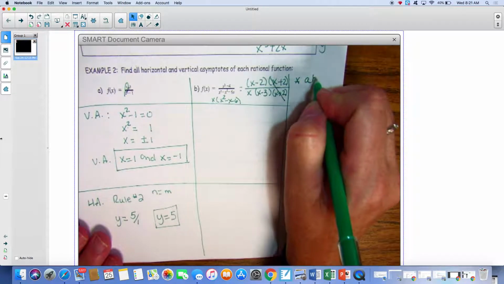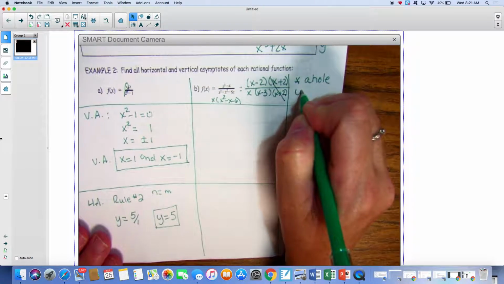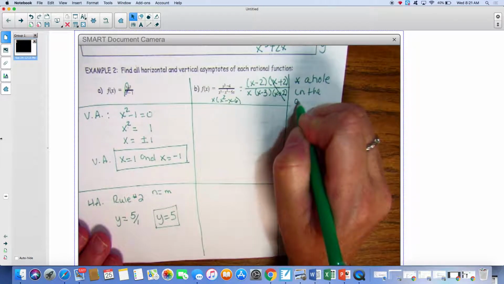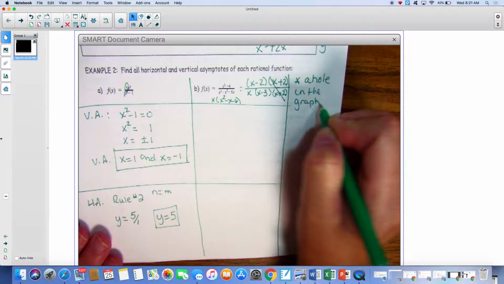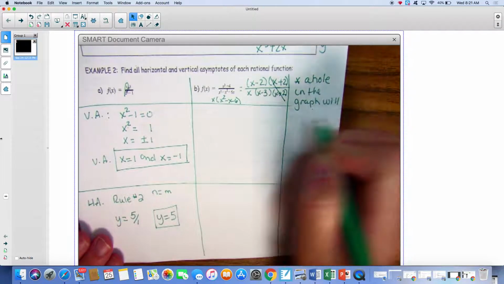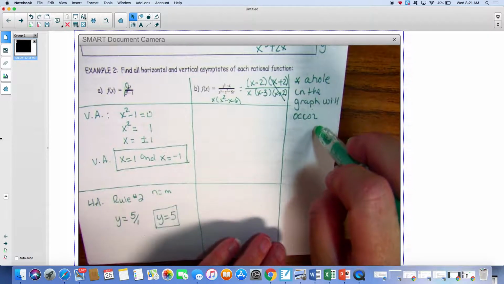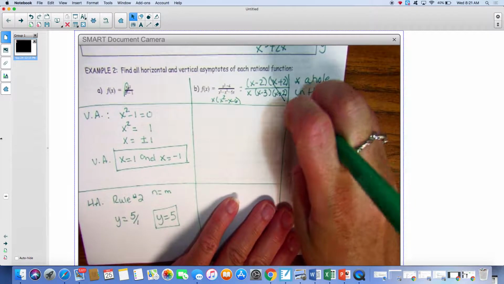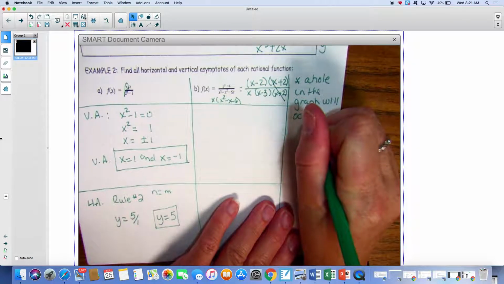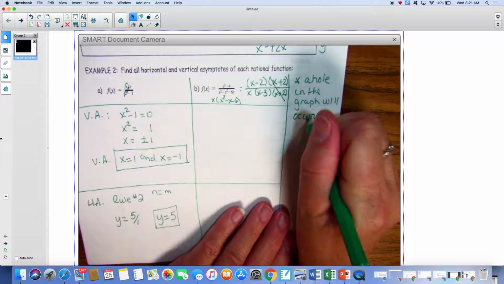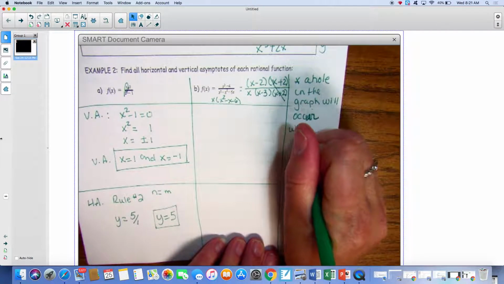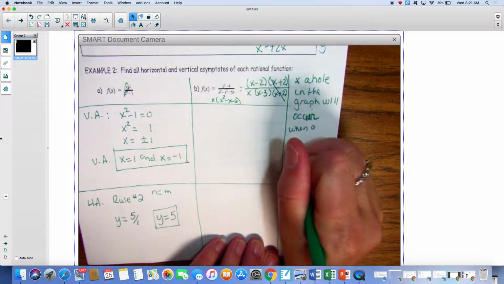And let's add this. A hole in the graph will occur when a common factor cancels.